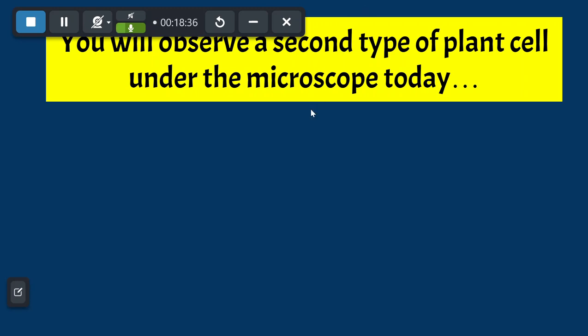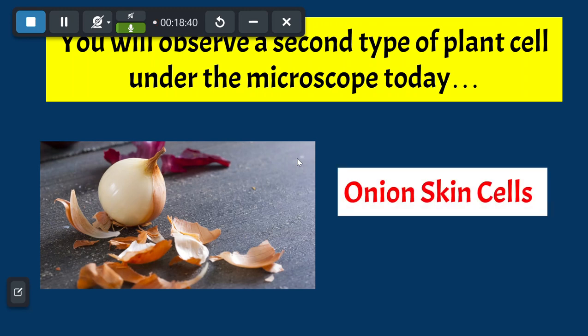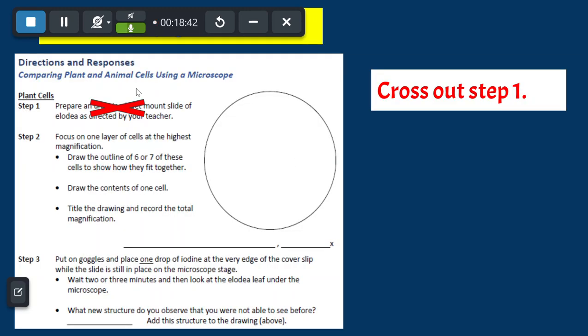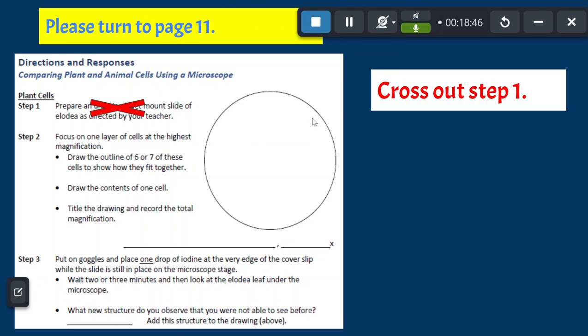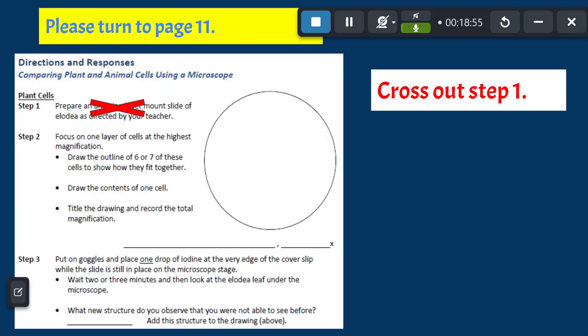Okay, so you're going to be observing the two types of plants today in class, onions and Elodea. And if you would, please look in your lab book on page 11. So it said prepare a wet mount slide of Elodea. You're not doing that.